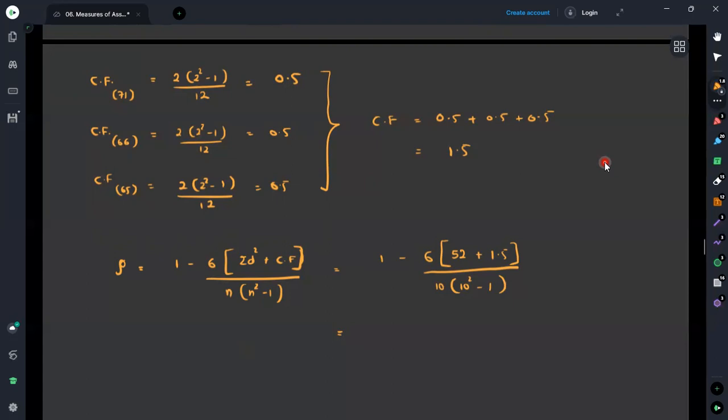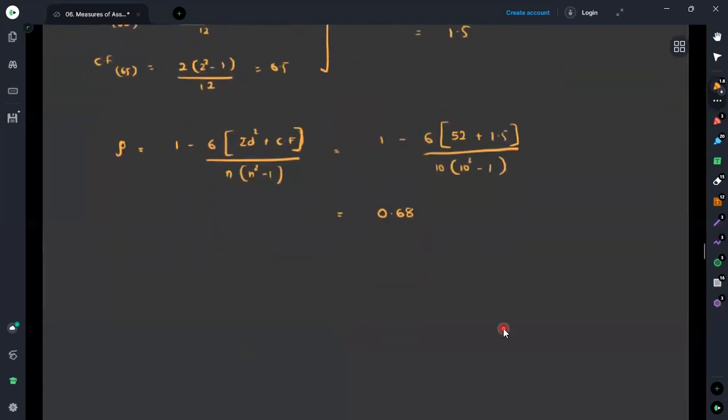Here we can see that the value is 0.68, accurate to two decimal places. Here also we can say that there is a strong positive relationship among the marks for mathematics.